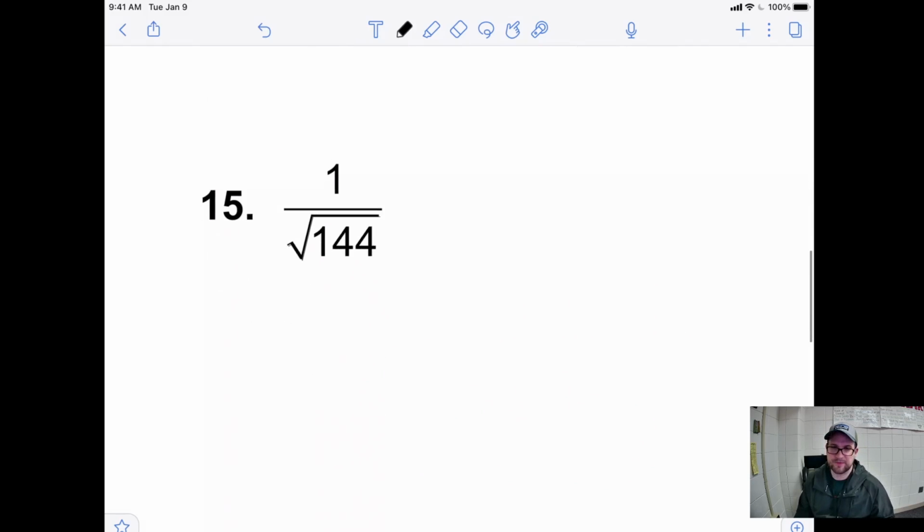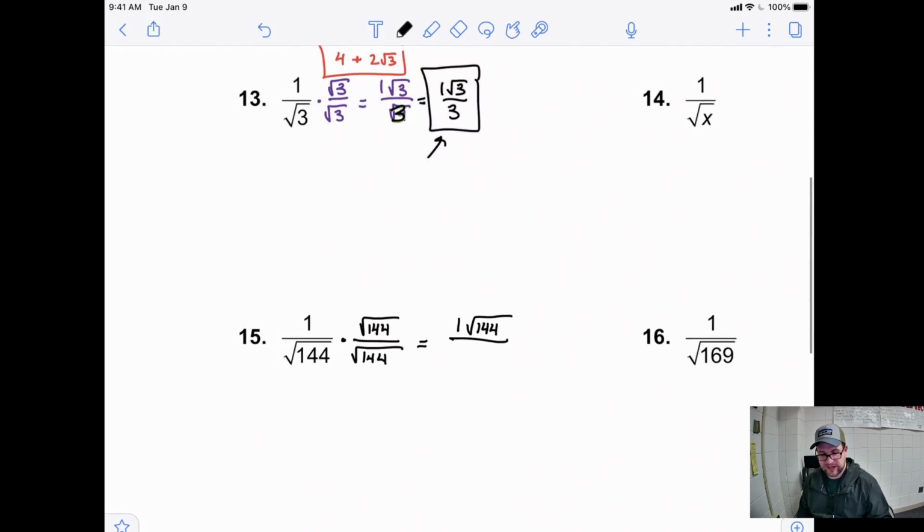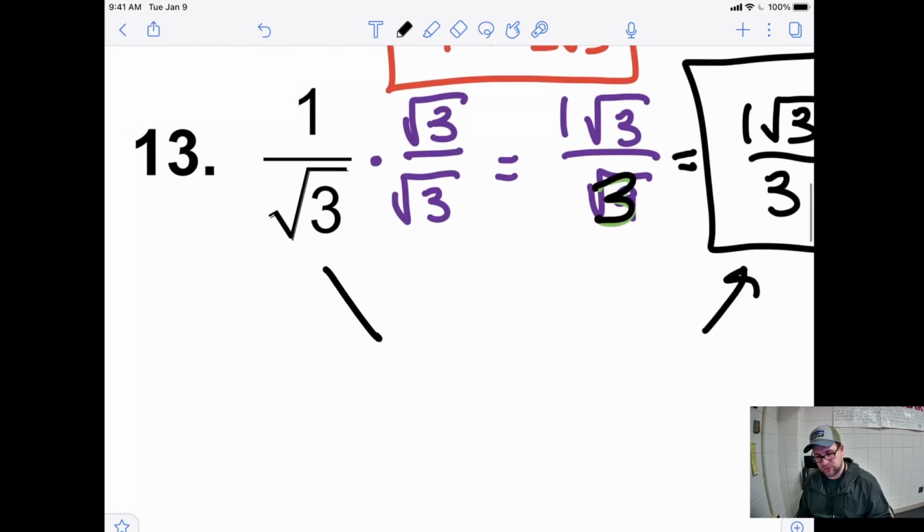Looking at number 15. Now, I want to show you, you can use that same trick of multiplying top and bottom by whatever the square root on the bottom is. 1 times the square root of 144 will be 1 square root of 144. Now, something special happens whenever you take a square root and multiply it by itself: the square root drops off and you're just left with whatever number was inside.